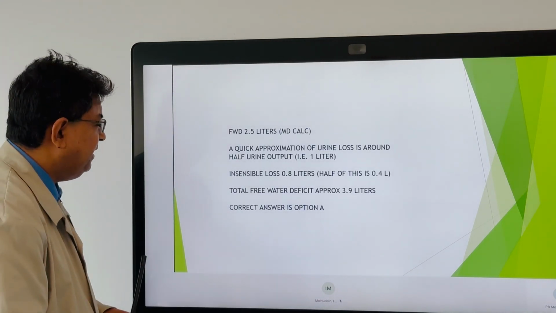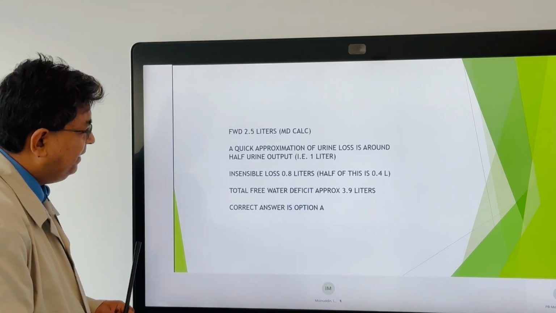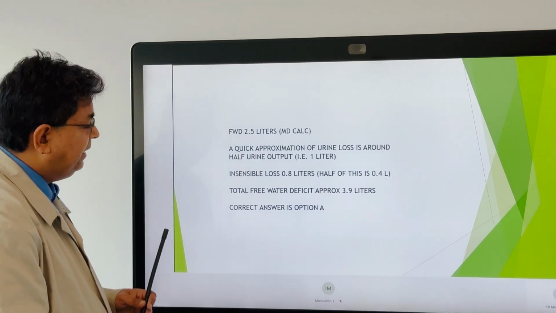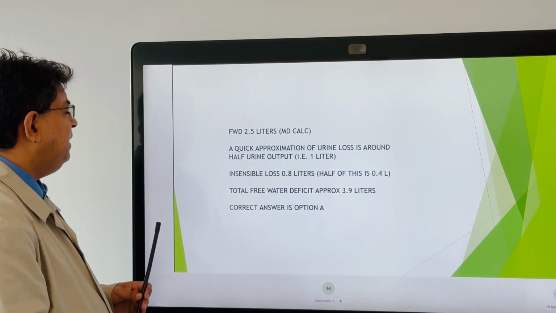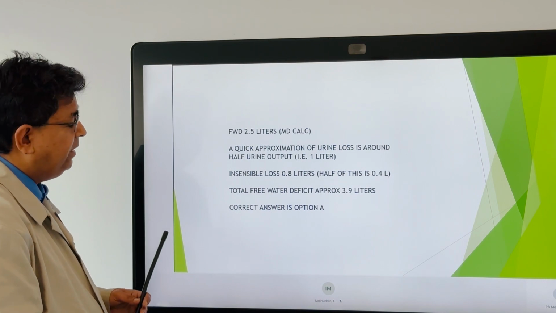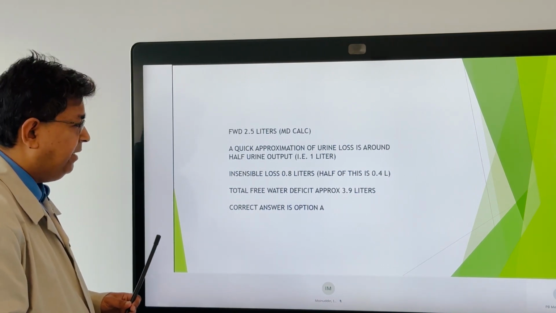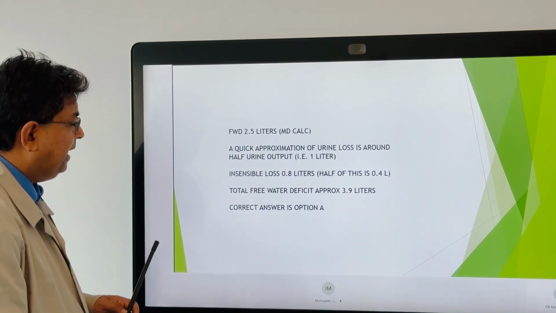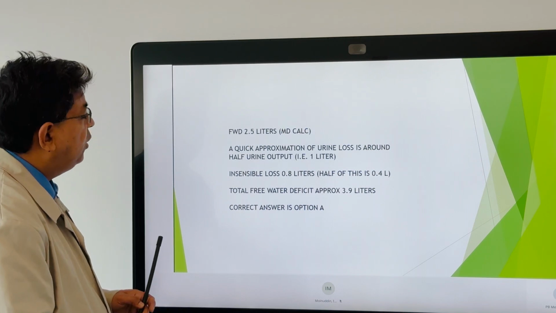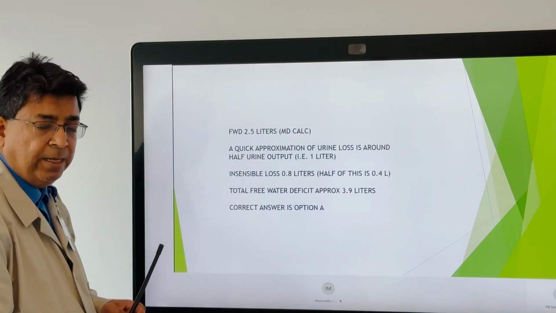The free water deficit is 2.5 liters. You can calculate this with various online calculators. The equation for the free water deficit is available easily in all sources and can be learned. A quick approximation of urine loss is around half of the urine output.